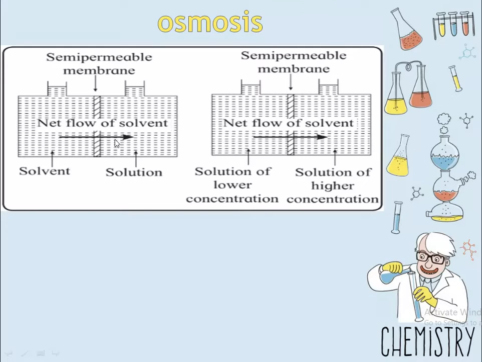This is solvent and solution separated by a semi-permeable membrane. The net flow of solvent molecules is from solvent to solution. In this diagram, the solution of lower concentration is separated by a semi-permeable membrane from a solution of higher concentration. So the net flow of solvent molecules is from lower concentration to higher concentration.